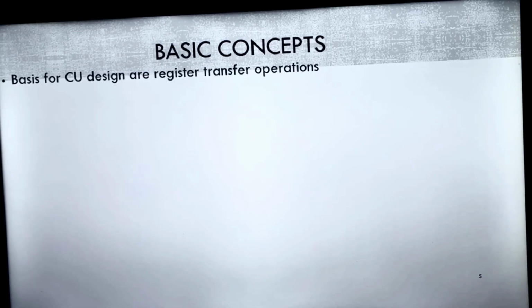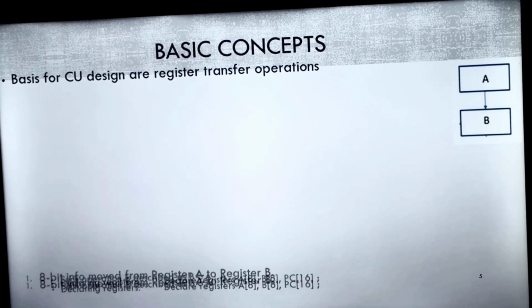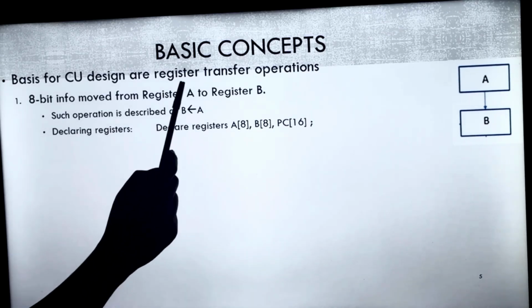Most of the time we deal with register transfer notation whenever we design some control unit. Now register transfer notation or operation is very simple. How to deal with that? Suppose you have a register B and you have a register A, and you want to write code to move everything from A to B.